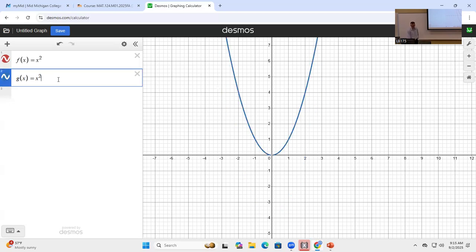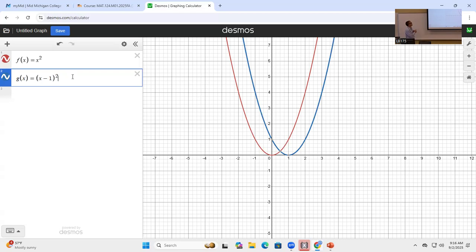Now, to adjust the inputs, since our base function is x squared, we replace the x with an x plus or minus some number. I'm going to start with minus 1. So we replace the input with x minus 1.